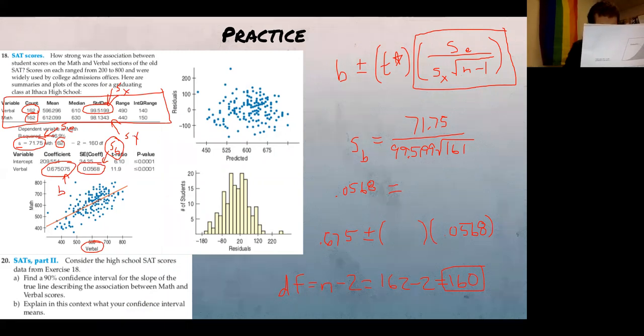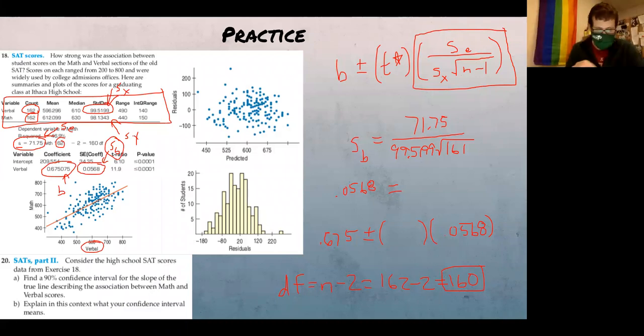It would be 1.660. So my T star is 1.660. And I'm going to pause there. Are there questions on how I got any of these values?